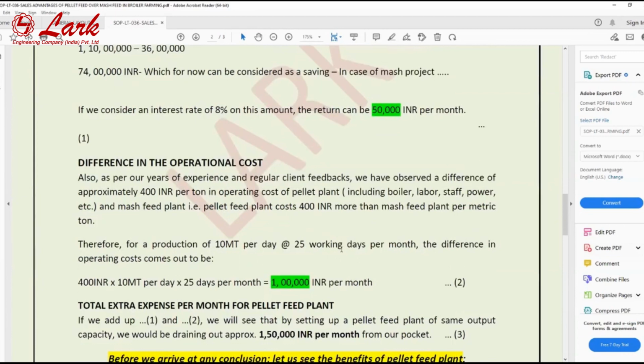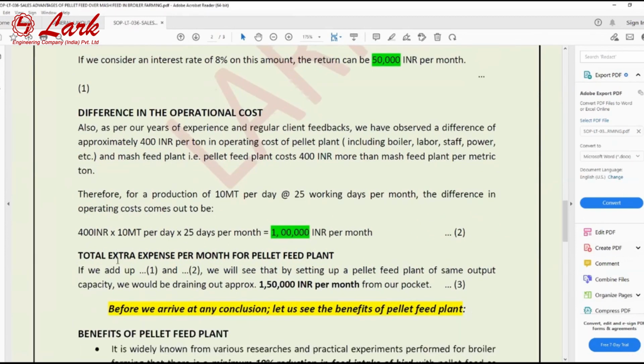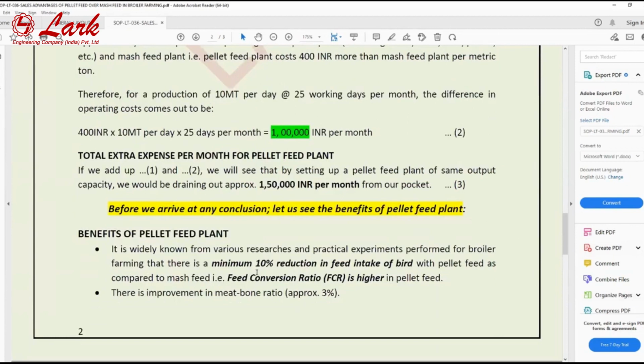Then we calculate the difference of 400 or maybe 500 rupees, that is 1 lakh per month. Adding the interest, the total extra expense is around 1,50,000 rupees per month in running a pellet plant instead of a mash plant. Then we come to the benefits.